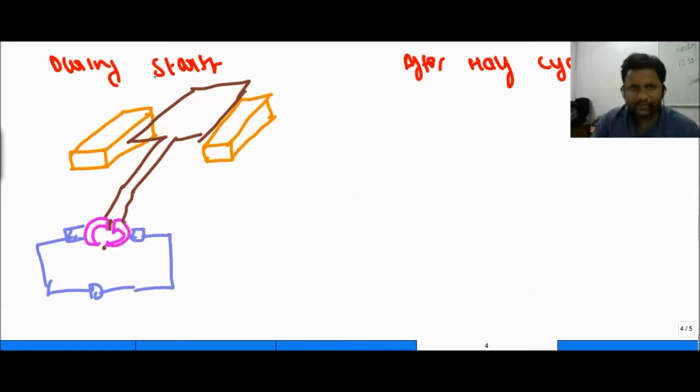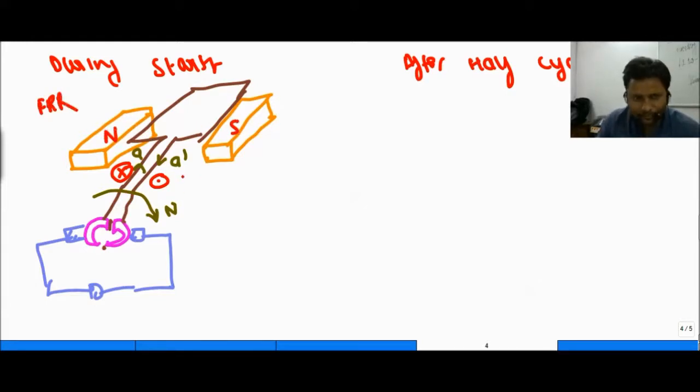So we have learned that whenever this coil is located in a constant magnetic field, conductor A and conductor A dash will experience a cross here and a dot here. We can determine the direction of current by using Fleming's right hand rule, and the current goes in at A and leaves at A dash.